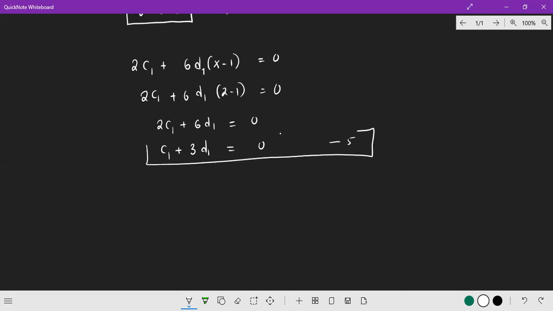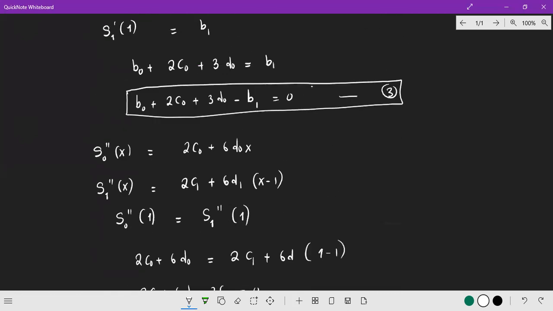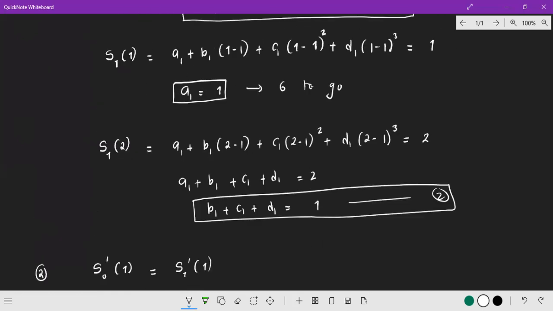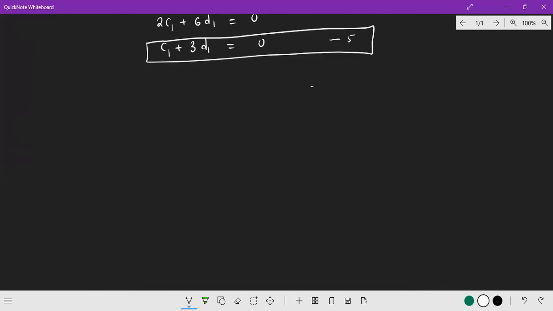So now, since we have 5 equations and 5 unknowns, we can go ahead and solve. Let me just get all the equations together. Our first equation was b naught plus c naught plus d naught equal to 1.